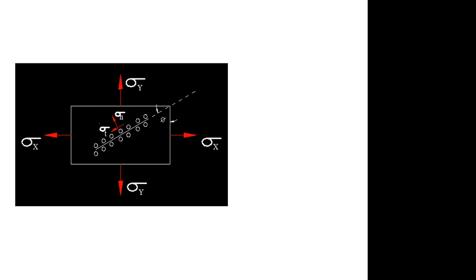Similarly, you haven't applied any shear stress, but due to the combination of this loading, it may develop shear stress. It will develop shear stress, and in some other plane, the shear stress may go beyond the permissible bearing shear level of the material.